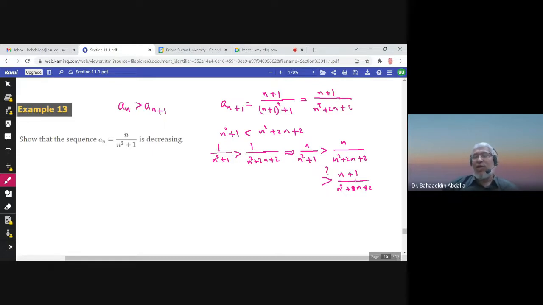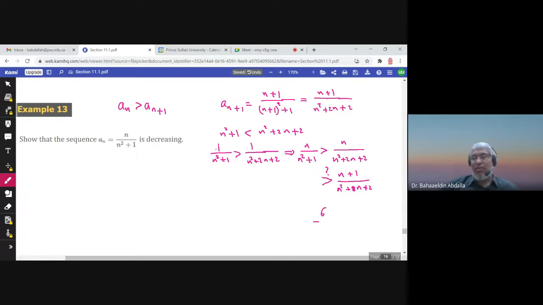Is this correct? If I add 1 to the numerator, is this making the fraction smaller or larger? When you add 1 to the numerator, you are increasing the fraction.